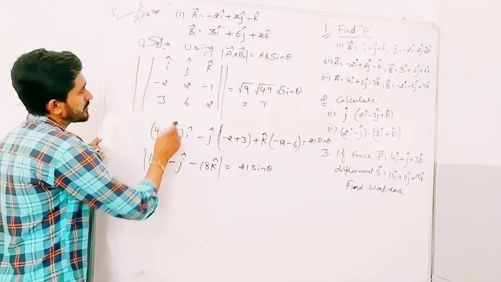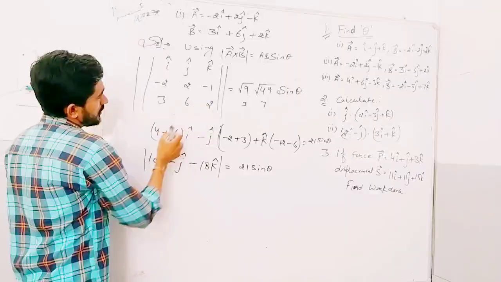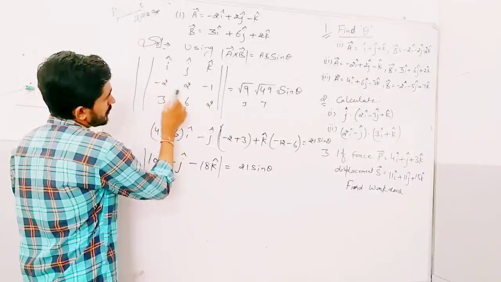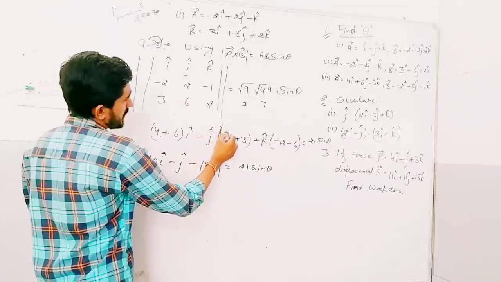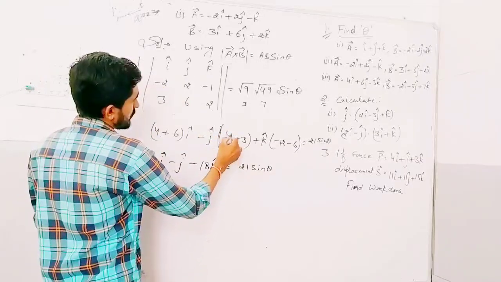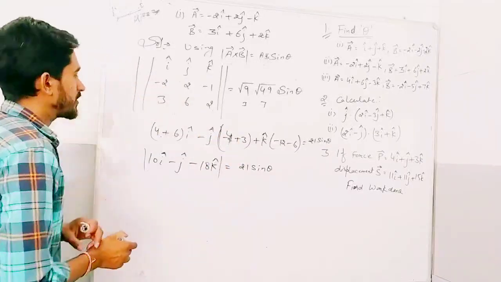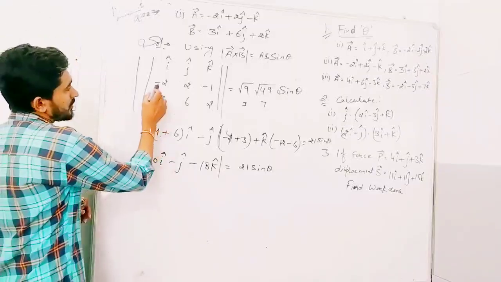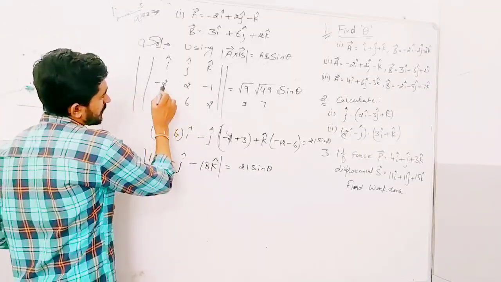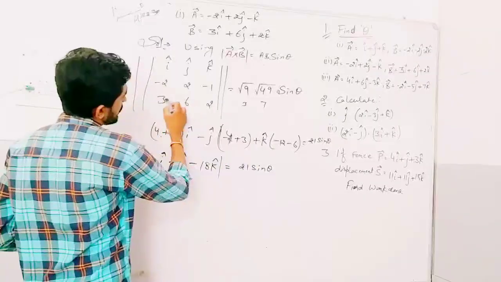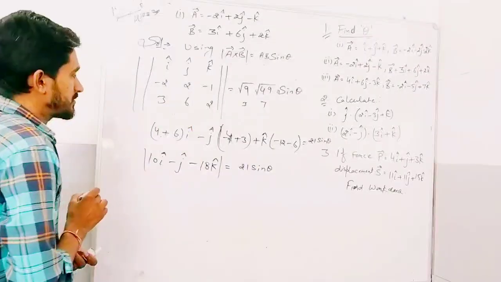Is there any mistake? 4 plus 6 minus 4, this is minus 4, this is minus 4. Okay, this is what we are missing. This is minus 4 and plus 3 and then minus 12, this is minus 6.